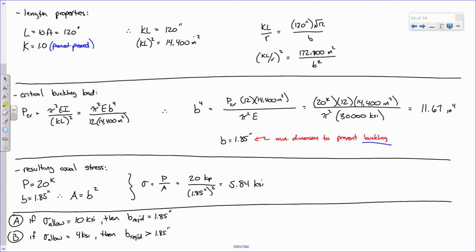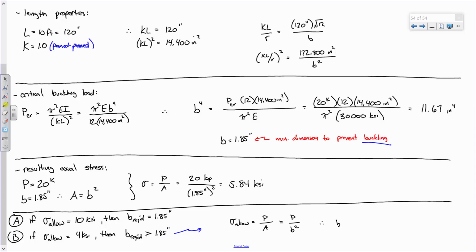I know that's a little bit tricky. Can we be more specific? What do you mean? Like, B should be what, the square root of P over A? Yeah, you're exactly right. I'm getting to that. If this is the case, how do you design this column? Very simply. Sigma allowable is P over A, which is P over B squared.